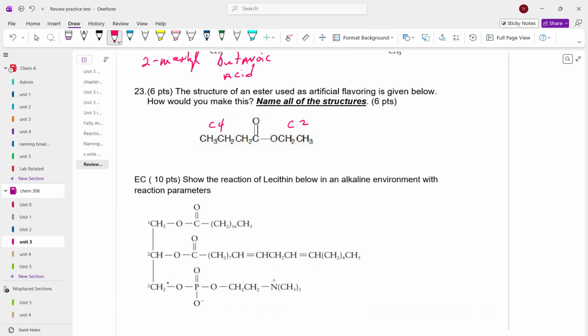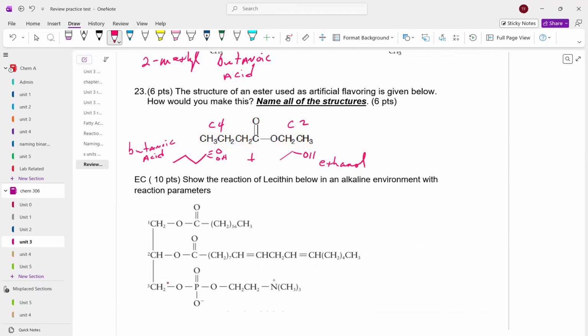So it's going to be the 4 carbon acid plus the 2 carbon alcohol. That's how you make that. So this is going to be butanoic acid. This is ethanol.